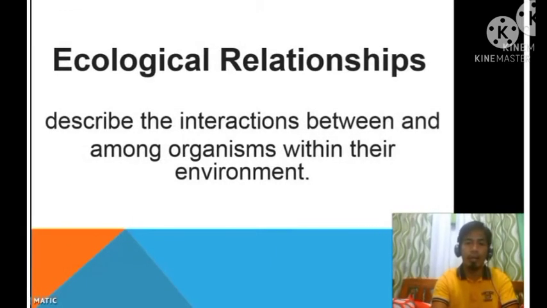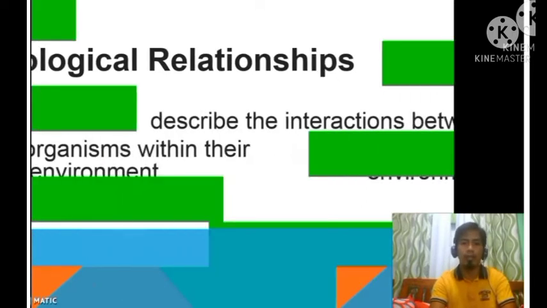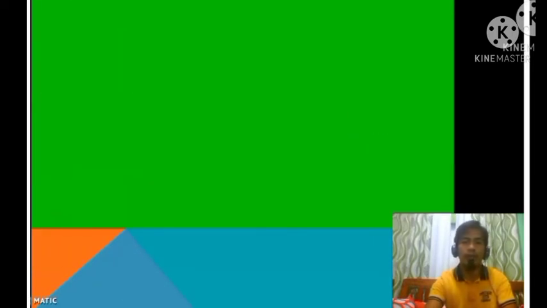From the last module, where you learned about living things, the biotic, and the non-living things, the abiotic, it is also important to know how these components of the ecosystem live together or fight one another in order to survive in the place they live in. So that's what you are going to learn here about ecological relationships.